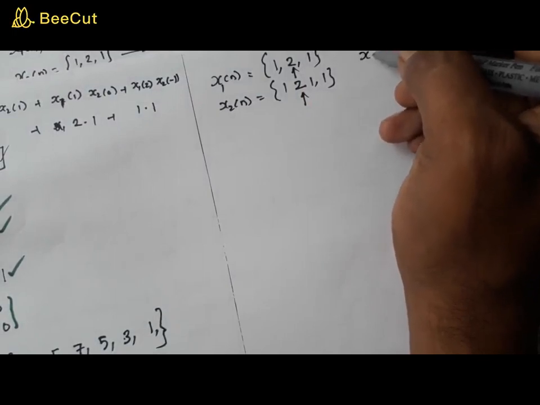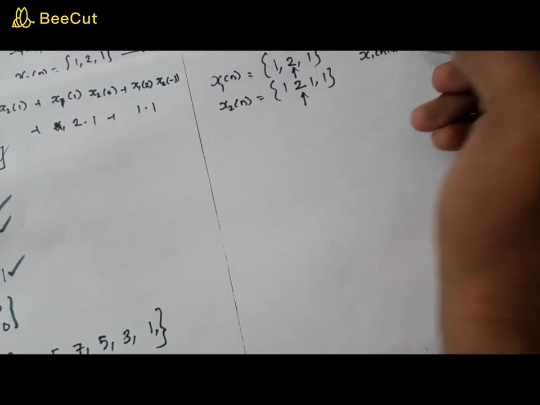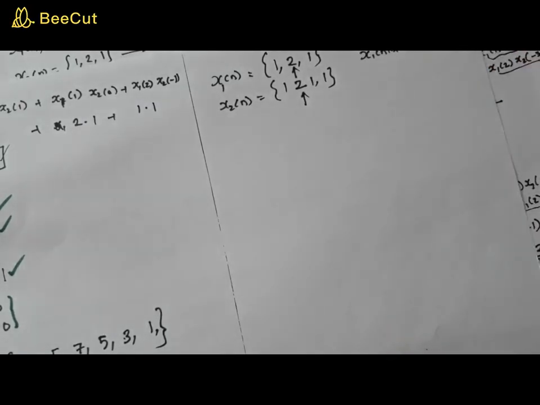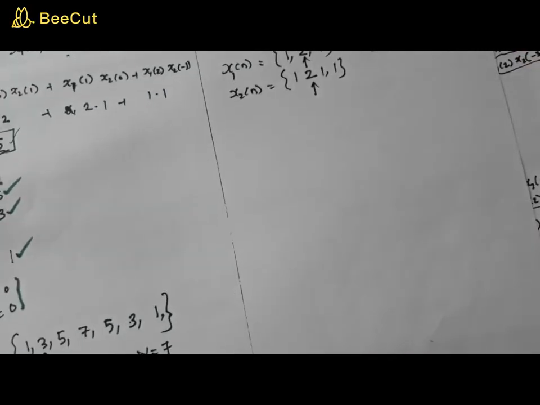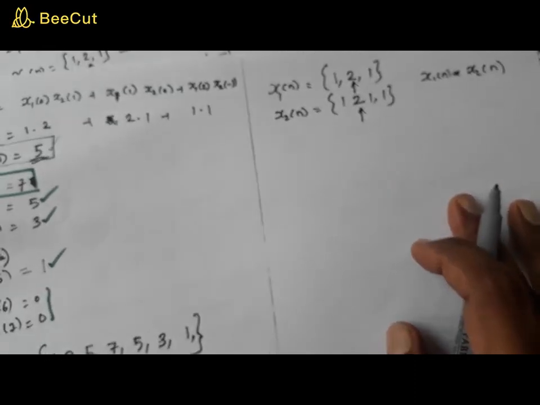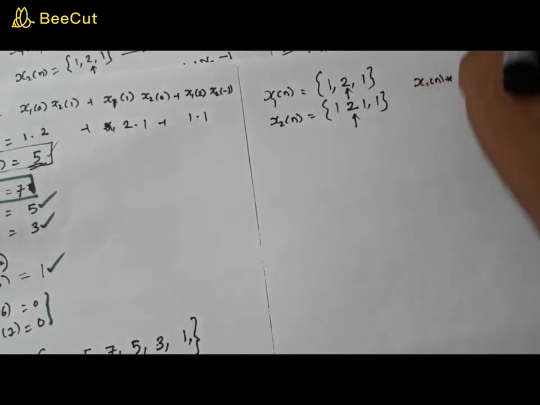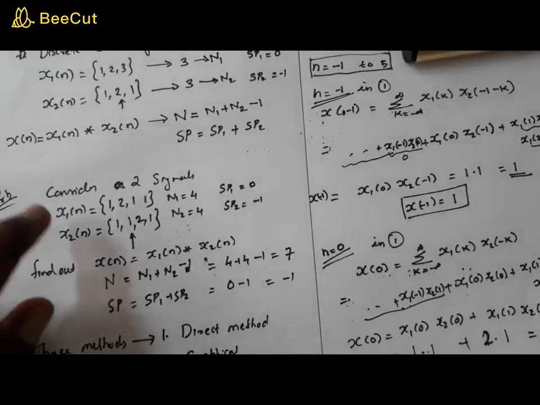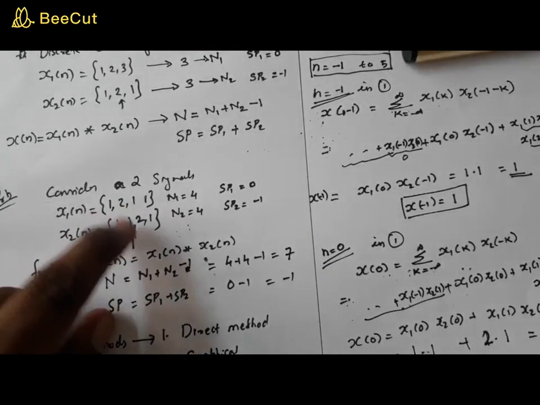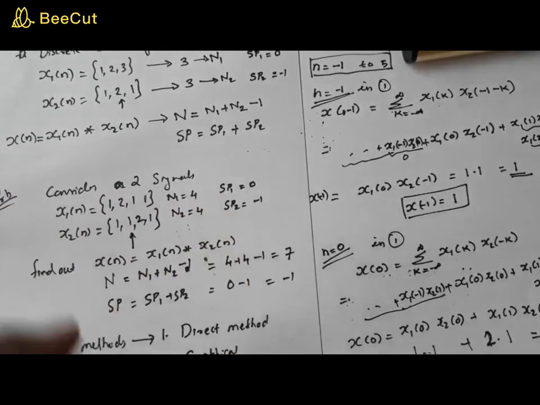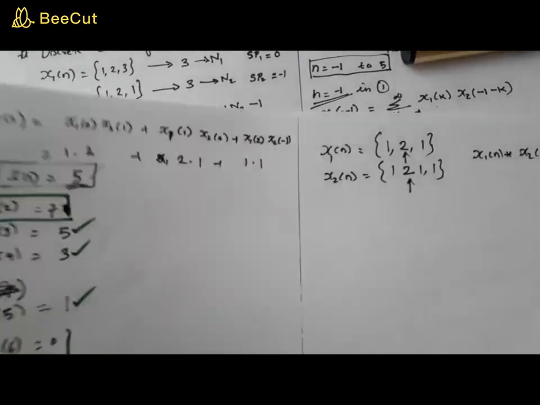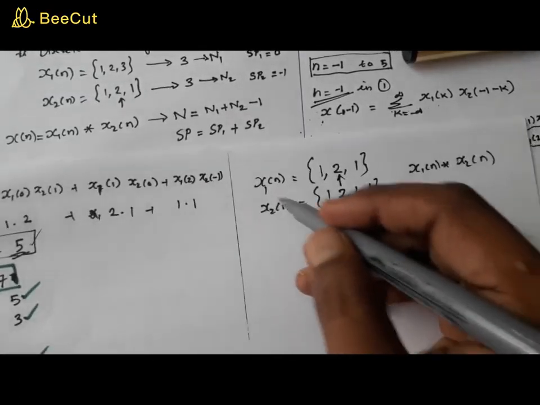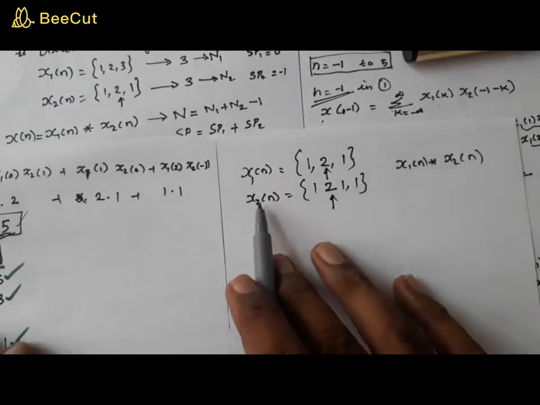Find out x1 of n star x2 of n using the mathematical equation. So in the next session we will be dealing with the graphical convolution by doing the same exercise, and we need to verify that the answers are the same. So you may go through this problem; I will just explain this question.